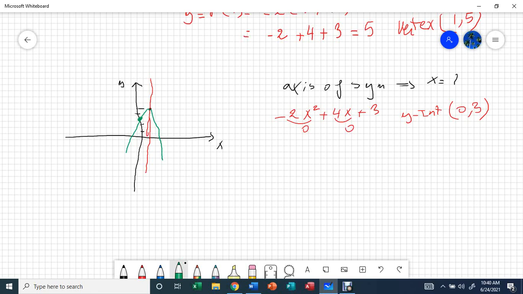Here it has a maximum, so the maximum value is 5. It's always the y-value, and the axis of symmetry is always the x-coordinate of the vertex.